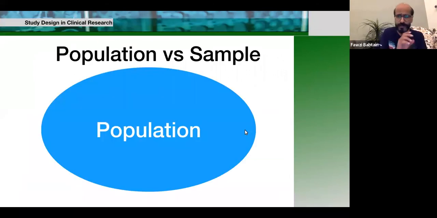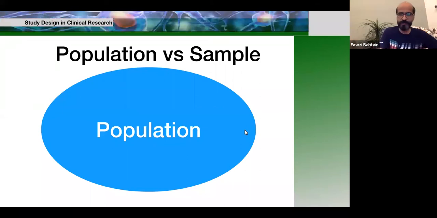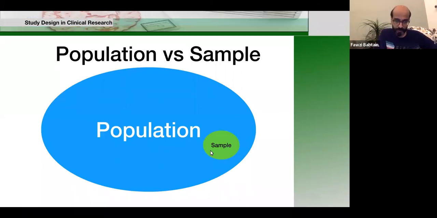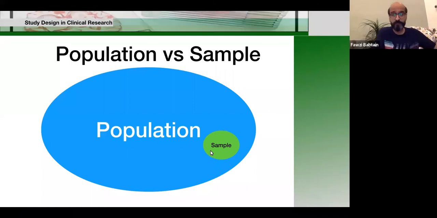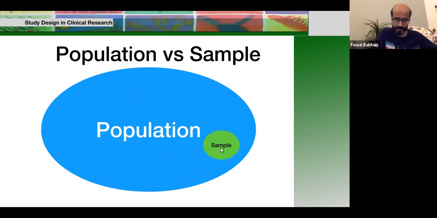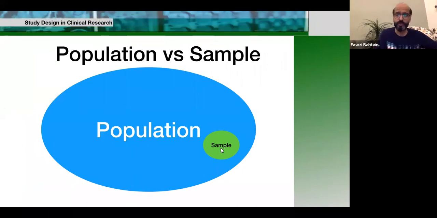Again, when you do your study, you have your population, but you are trying to come up with a sample that is representative of the population, and it should really reflect your population. This is what we always do. Whatever sample we come up with, it should reflect what is going on in the population.